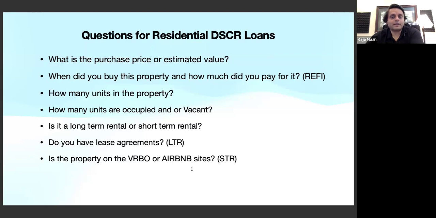When did you buy this property and how much did you pay for it? Okay, how many units are in the property? These are the preliminary questions where we judge whether the deal is good to go or not.